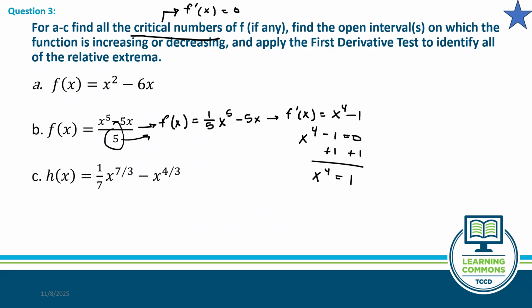Now, because I essentially have to take not the cube root, whatever the next root up is, the fourth root, I can do that, but then it's going to be plus or minus 1. So that means you have more than just two test intervals.